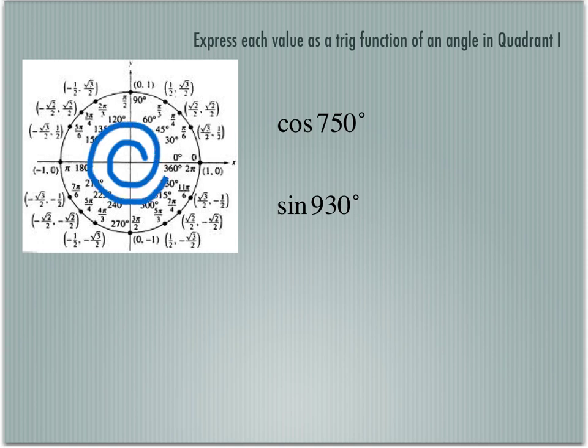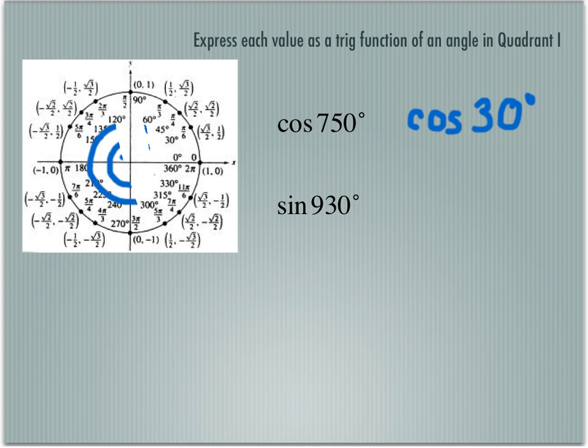I go around twice, that's 720, and then I have 30 more. So this is going to end up where 30 degrees is. So this is going to be exactly the same as the cosine of 30 degrees. 30 degrees is in the first quadrant, and that's going to have the exact same value as the cosine of 750.